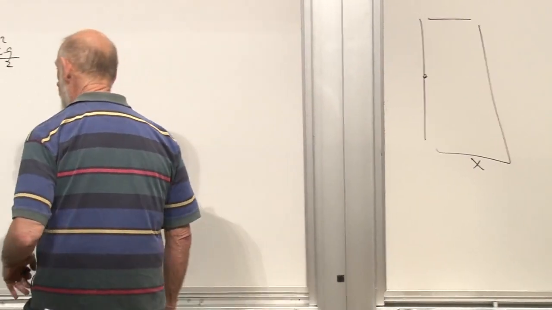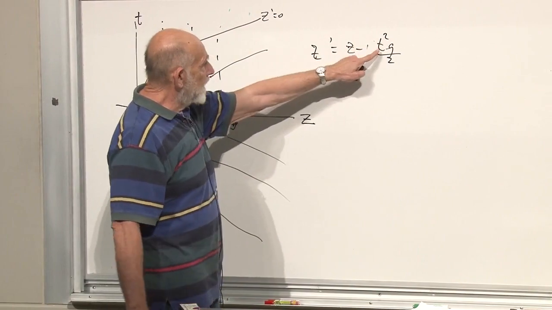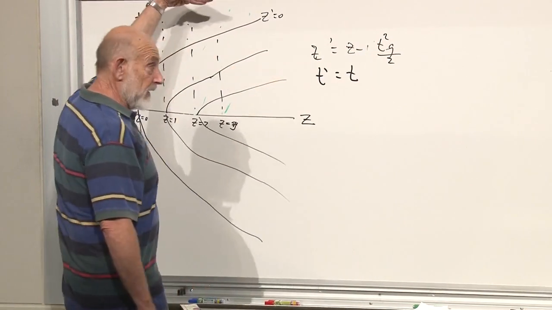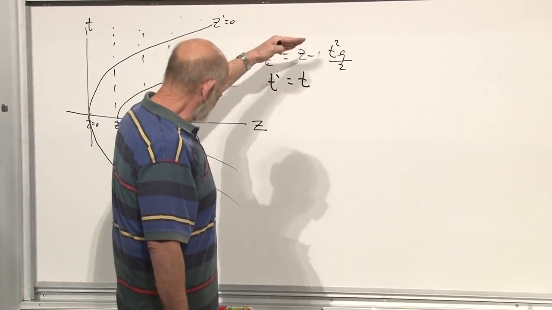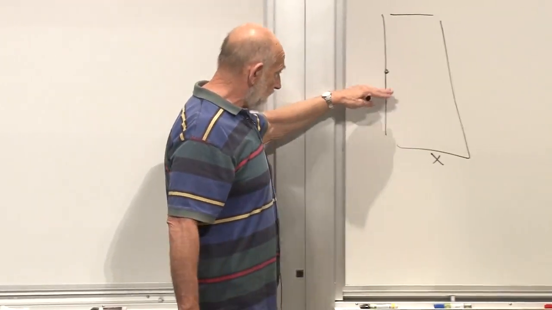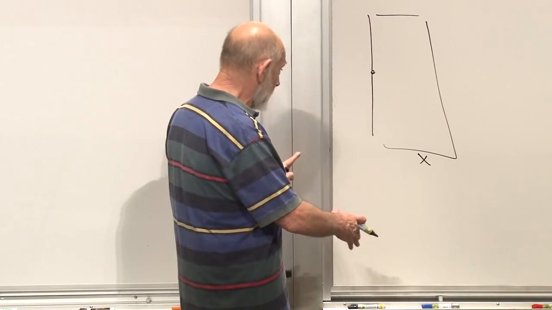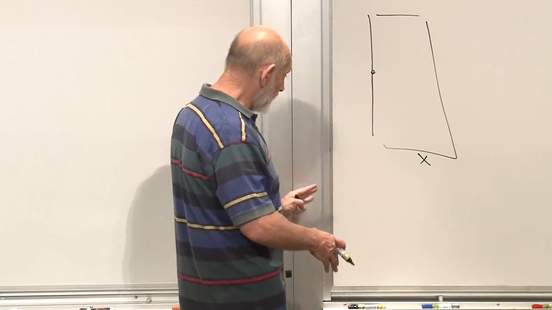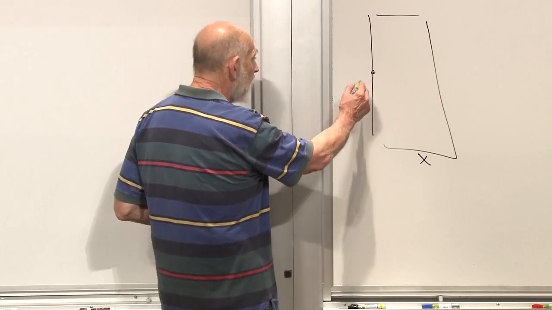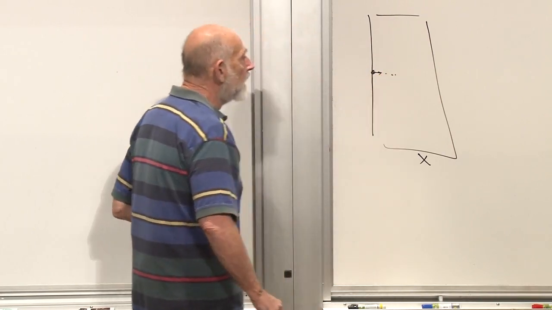At t equals 0, the velocity of the elevator is 0. At t equals 0, the velocity begins to build up from t equals 0. At t equals 0, the two frames of reference are matched. They're both at rest relative to each other at t equals 0. And a flashlight beams a beam of light this way.